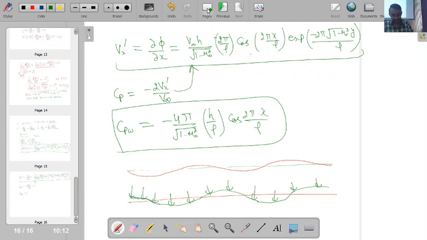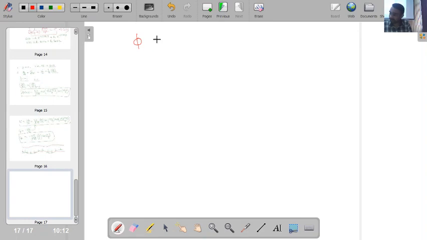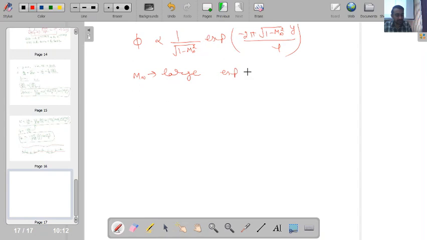One simple observation we can make is that phi is proportional to 1 by square root of 1 minus M infinity square into exponential of minus 2 pi into square root of 1 minus M infinity square y divided by L. If y is large, then this exponential term will become 0, as 1 by infinity is equal to 0.